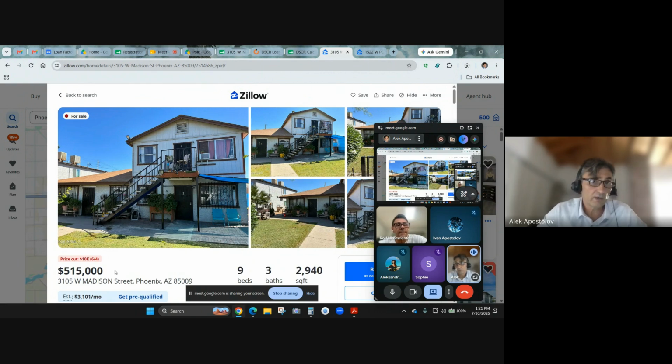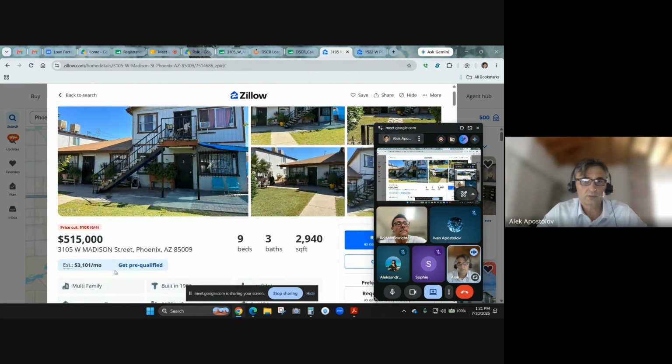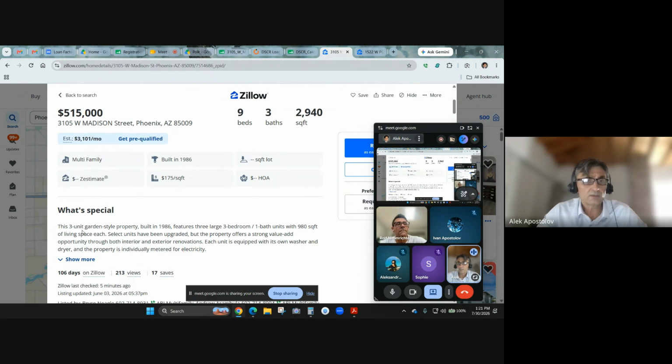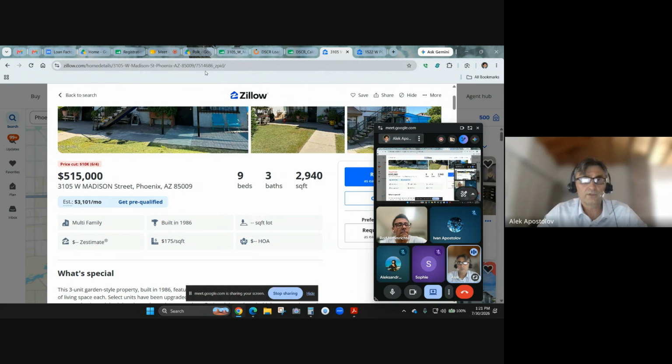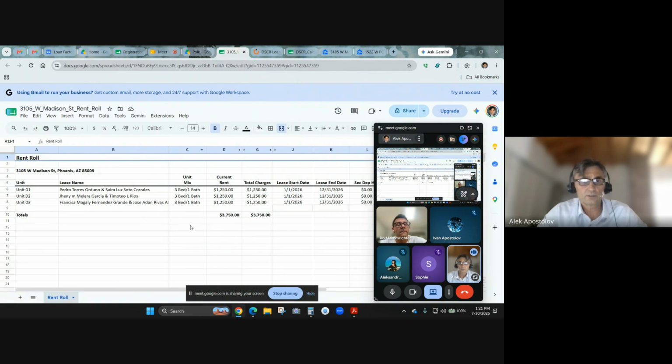And if you have a property that you would want me to evaluate, you see how the process is going to go. This property is a 3-unit. Basically, it has 3 different units. It's been sitting on the market for 106 days. We have the rent roll here for the property, and it's always good to be organized with these rent rolls.